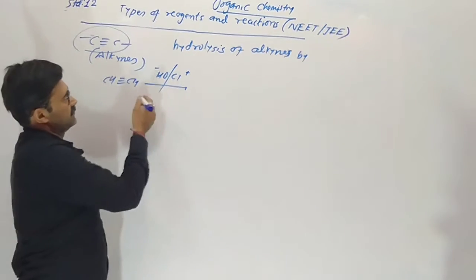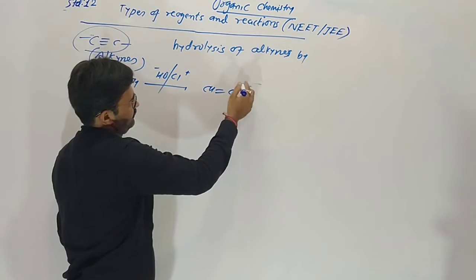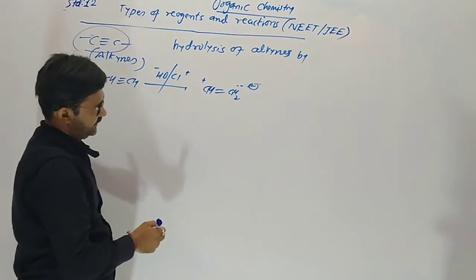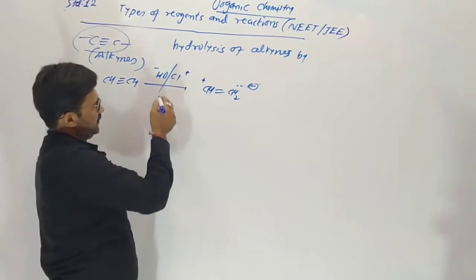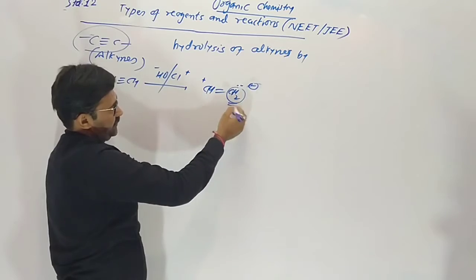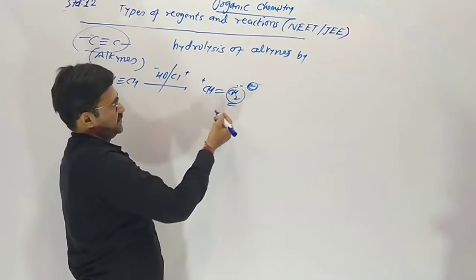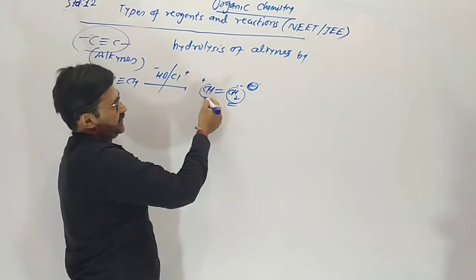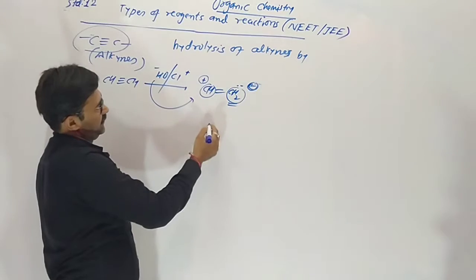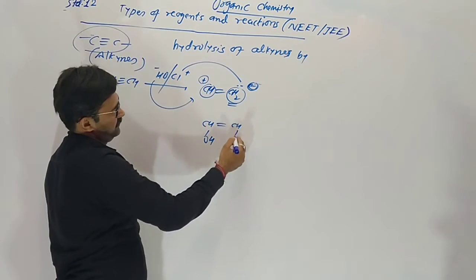We discussed that the pi electrons move onto any one carbon, so it will be negative and the other will be positive. For the first attack, why? The electronegativity of this carbon is high and it is negatively charged, so it is stable. Here the electronegativity is high but the charge is positive, so it is unstable. First attack of OH here and Cl here.